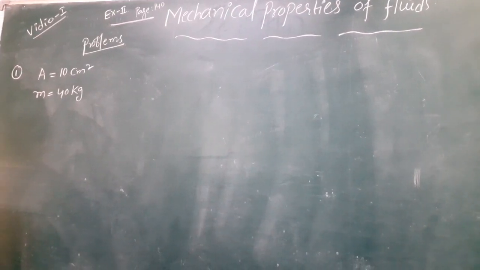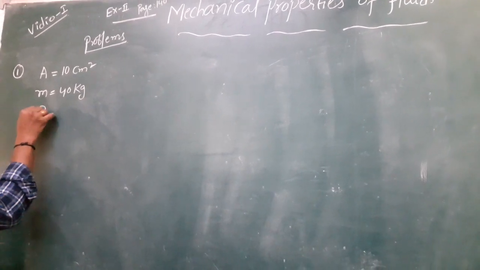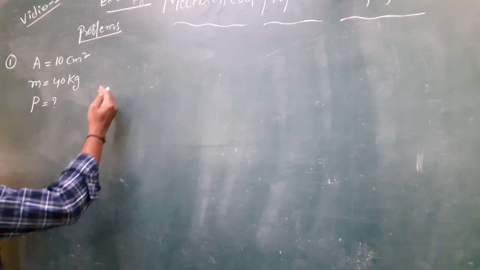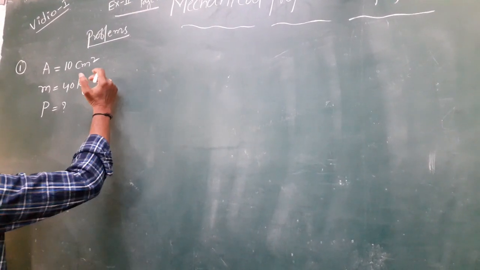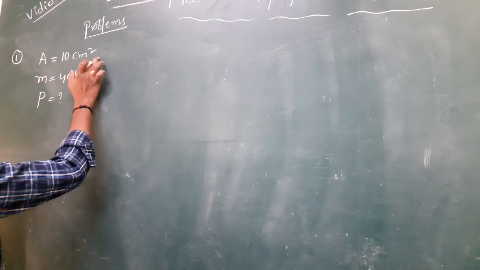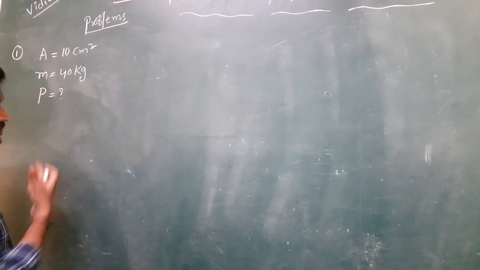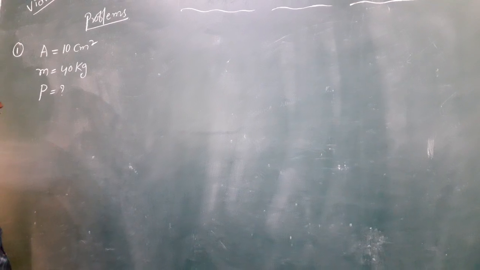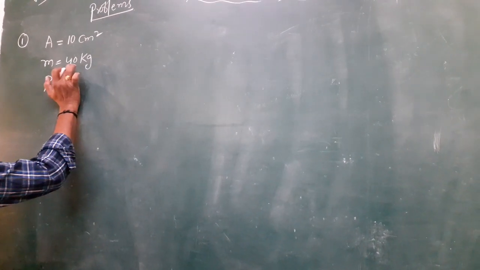So the average pressure sustained by the femurs, that is the two thigh bones, the knee bones. Here, having area of cross section 10 centimeter square, the mass of this human body is weighing on these thigh bones.